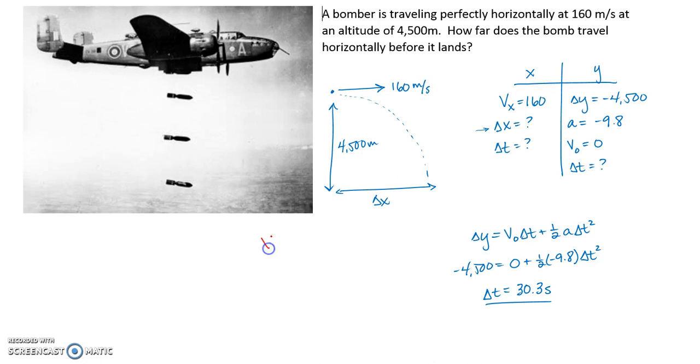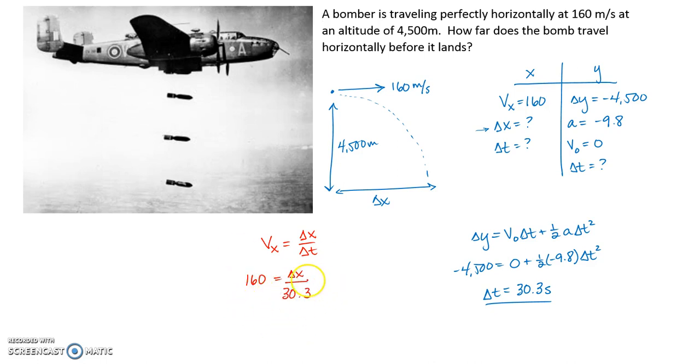So the only equation we ever really use in the x-plane is the one for average velocity, because average is the same as constant in a way. So this is the equation I like to use. We knew that our velocity was 160 meters per second. We're looking for the displacement, and now we're going to use that time that we just solved for in the y-plane, because time is the link between the two variables.